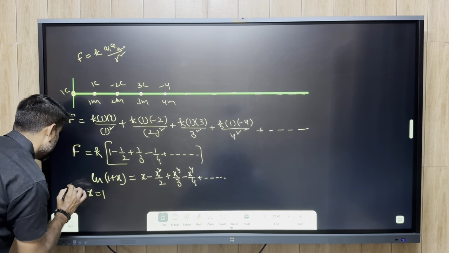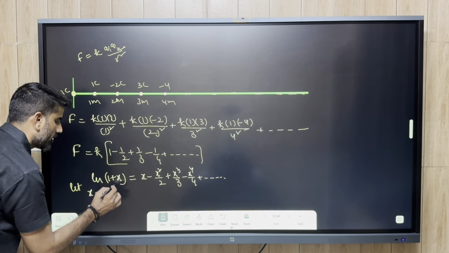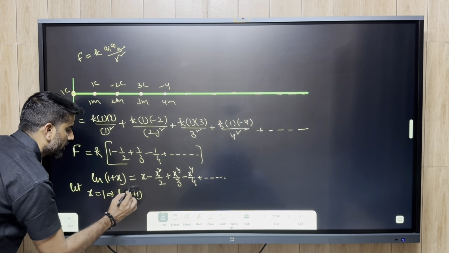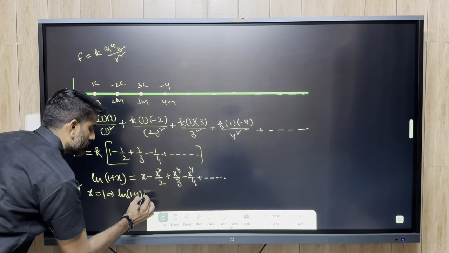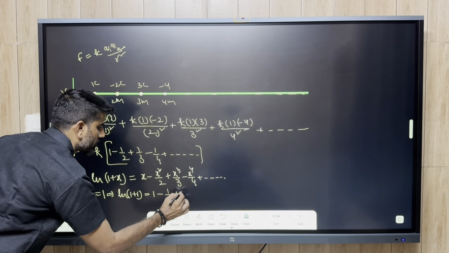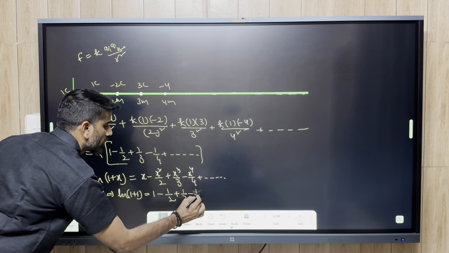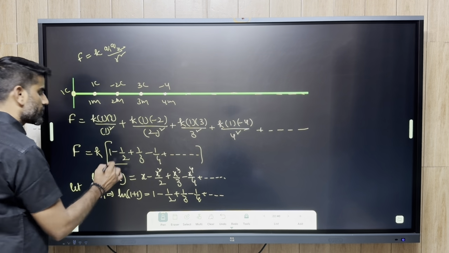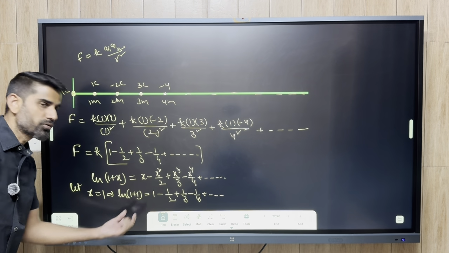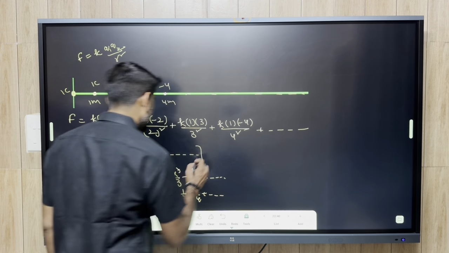Let's say x is equal to 1. If I place x equal to 1, then ln 1 plus 1 in place of x, I am using 1. So this x is nothing but 1, x square is 1 again, 1 by 2 plus x cube is 1 again, 1 by 3 minus 1 by 4. I am getting the similar expression right here for this log 1 plus 1.